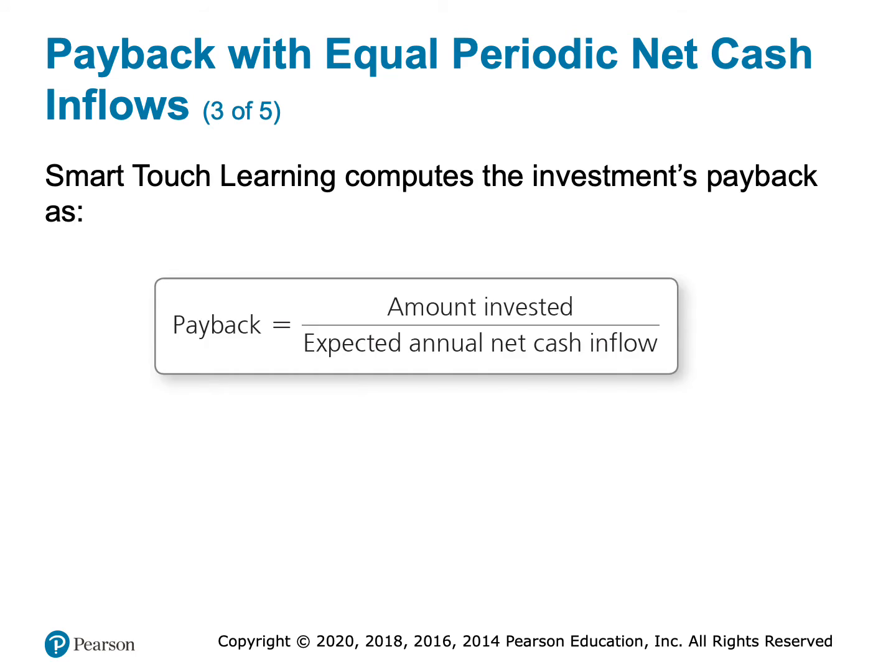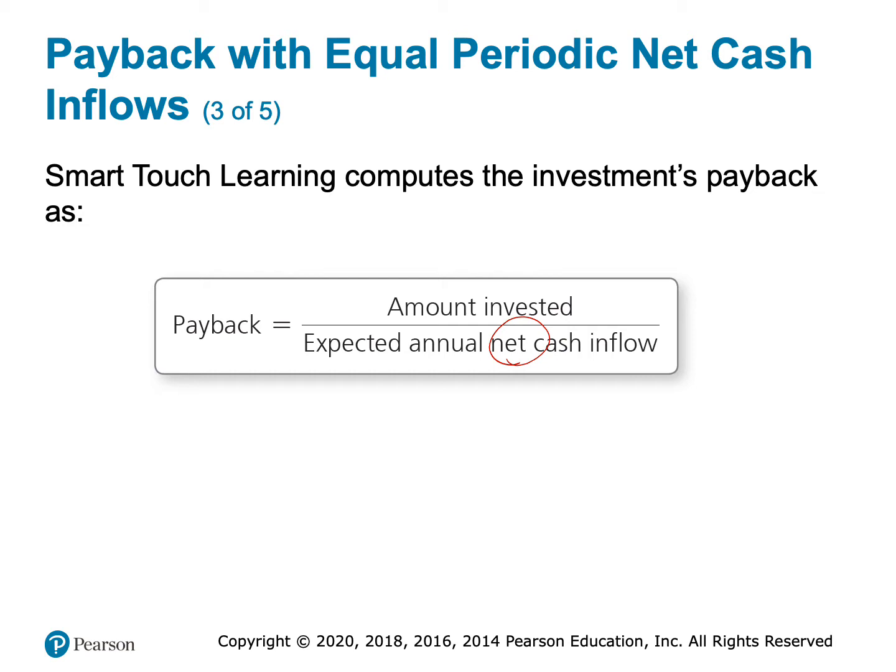The next scenario, so payback is looking at taking the initial amount invested and just simply dividing it by that expected annual net cash inflow. Now remember, net means inflows minus outflows. So the net cash inflow is those inflows minus outflows. So in this scenario, it's that 60,000.